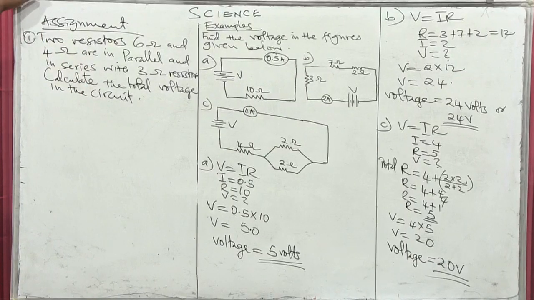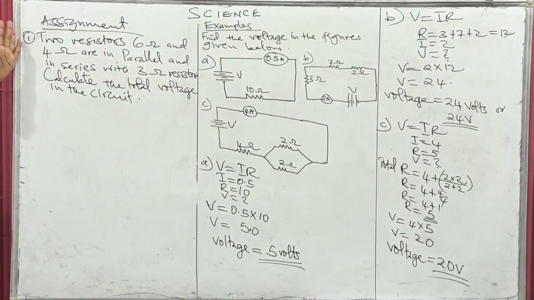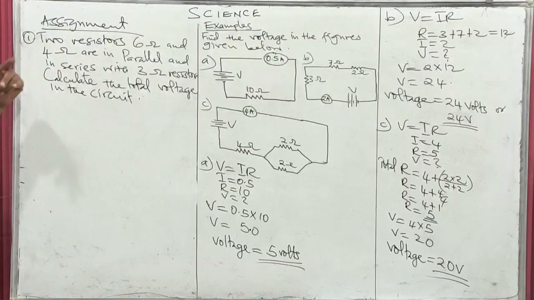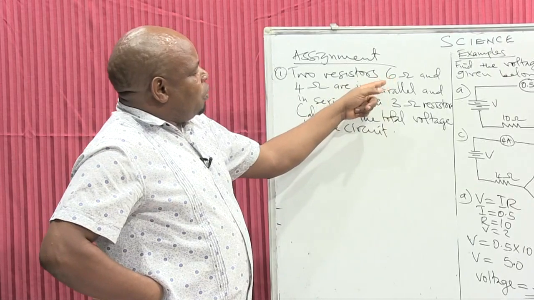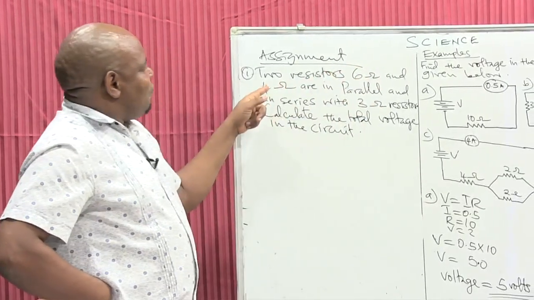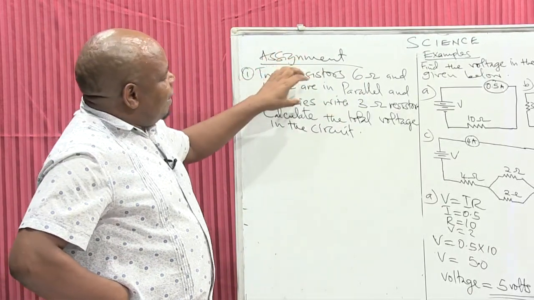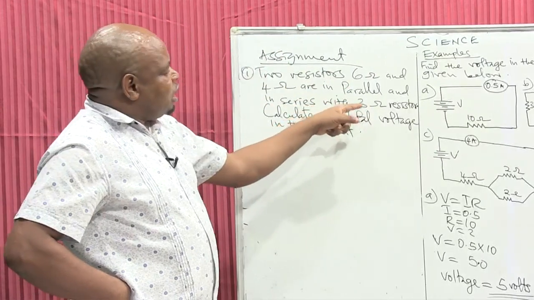There is an assignment here. The assignment which I've given you is in the form of a word problem, where you have been given two resistors, with 6 and 4. They are in parallel, and in series with another resistor whose value is 3.